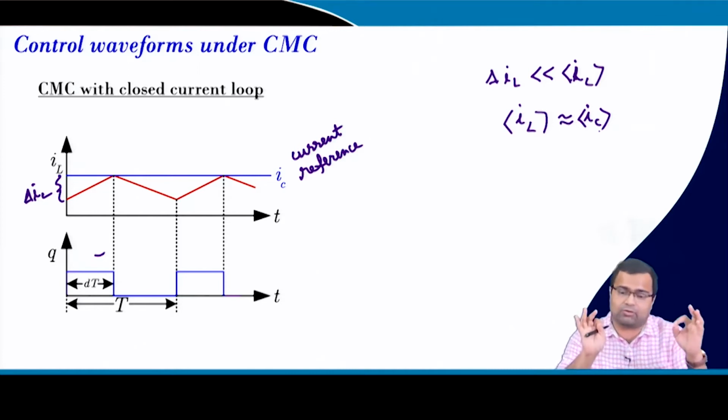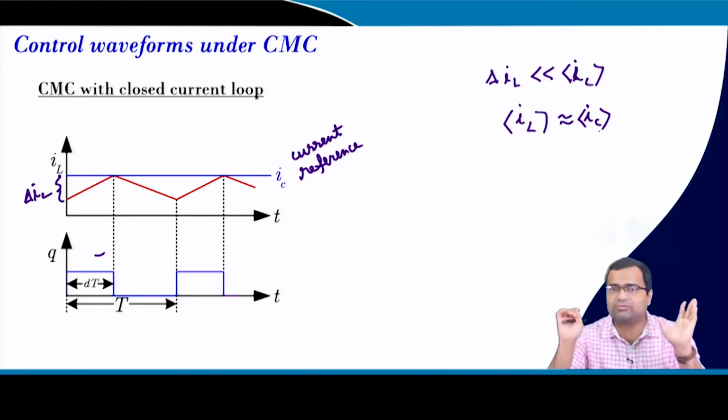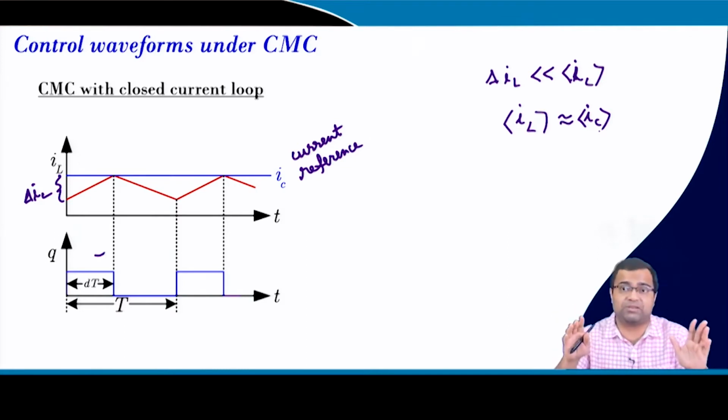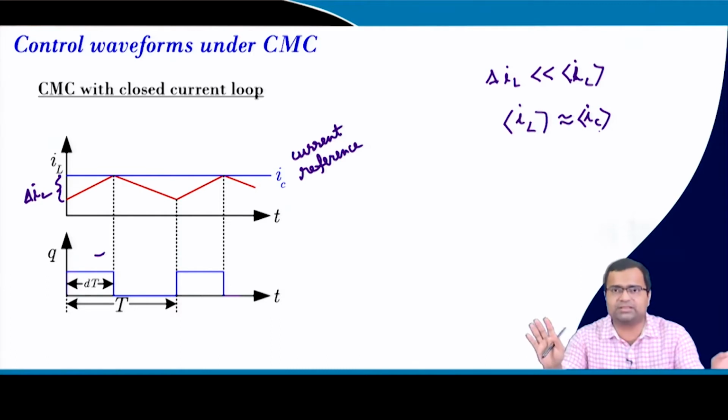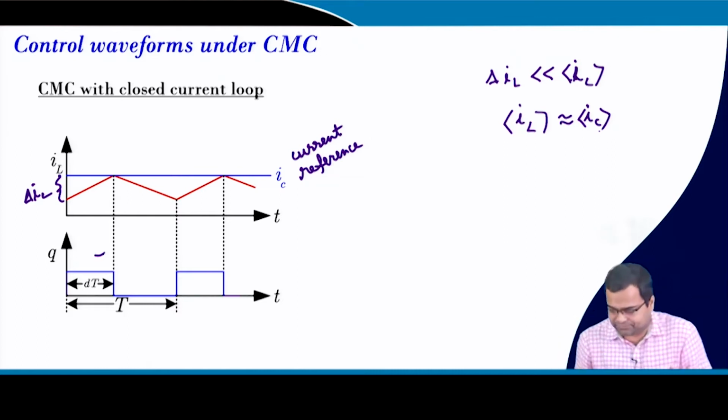It also gives problems when we talk about the modulator gain of current mode control, but here we are not considering that, and we are also not considering any compensating ramp. So, in this model there is no compensating ramp and ripple is negligible, so the average current is almost equal to the current reference. But this is the starting point, remember.